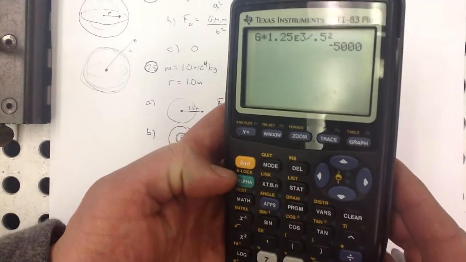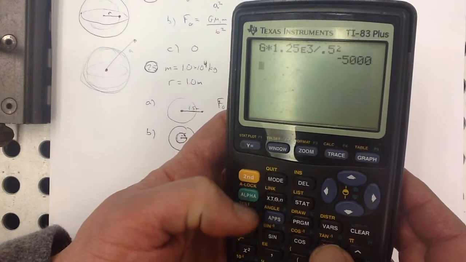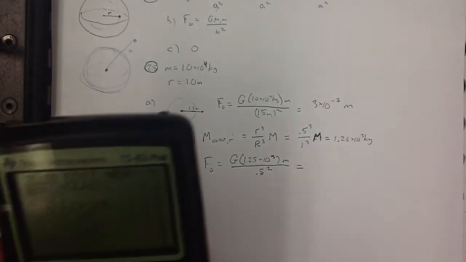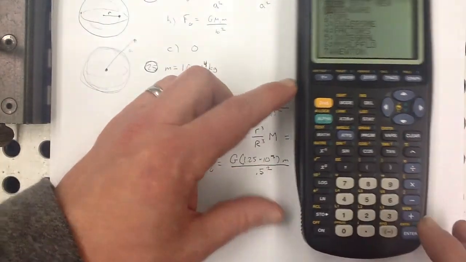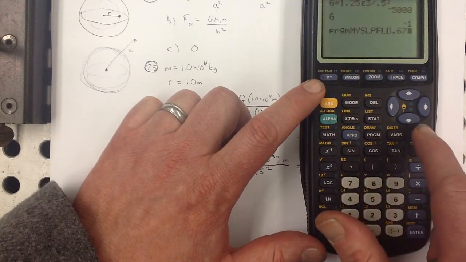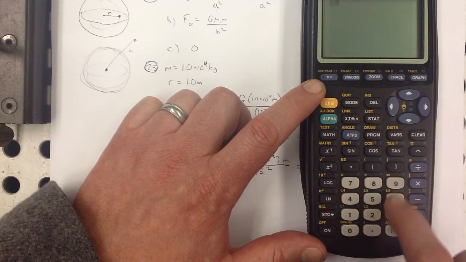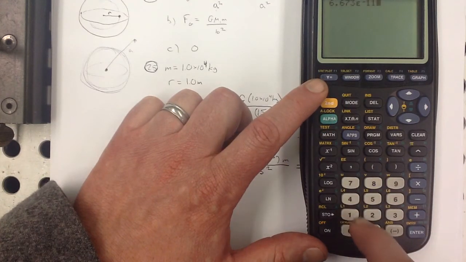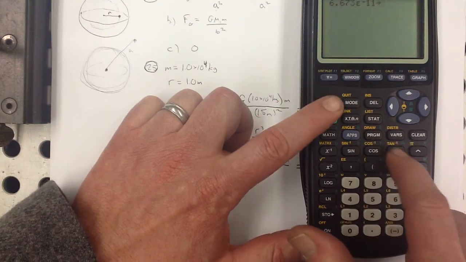Is my g still g? Nope. Something happened to my g. Let's try storing g again. So g is 6.673 times 10 to the negative 11th. Store that in as g.